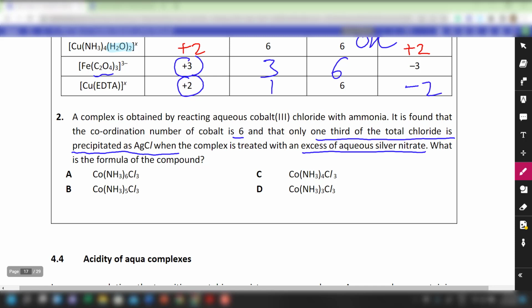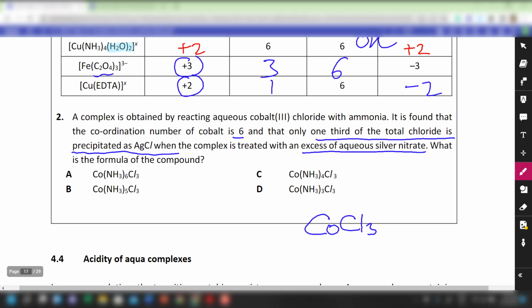Okay, so first of all, we need to be very clear. For cobalt chloride, its formula would be CoCl3, because cobalt is in the +3 oxidation state. When we dissolve it in ammonia, we were told that the coordination number of cobalt is 6, and that only 1/3 of the total chloride is precipitated as silver chloride.